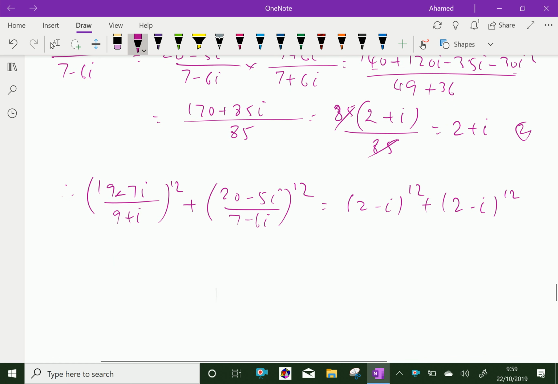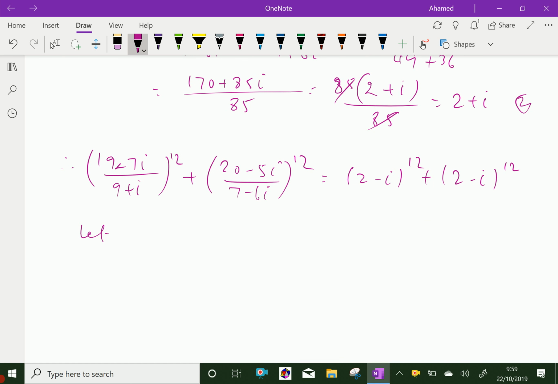Now let z equal (2 − i)^12 + (2 + i)^12.